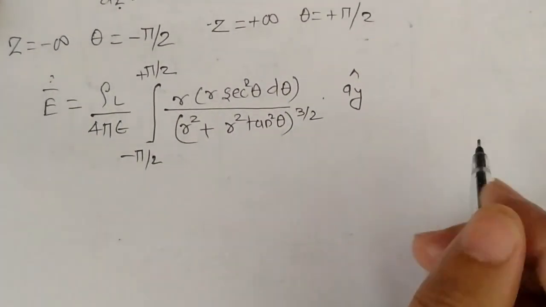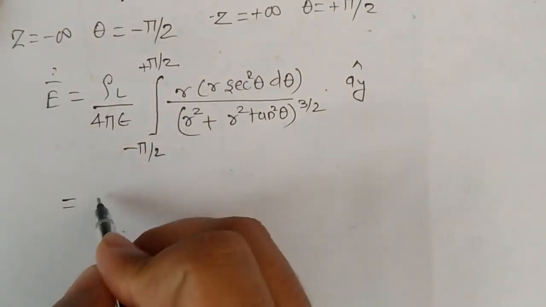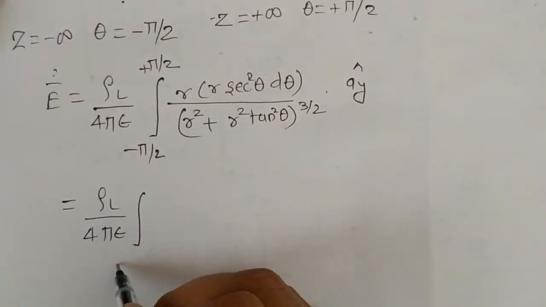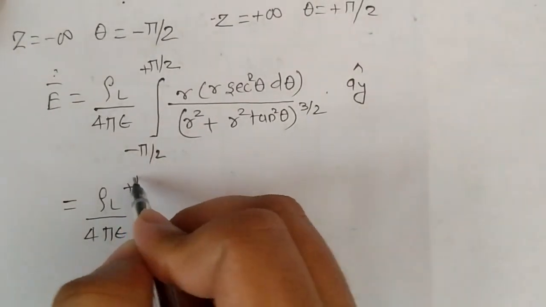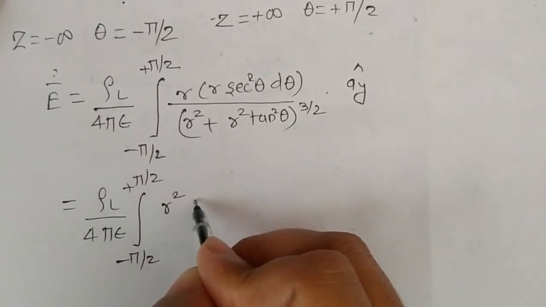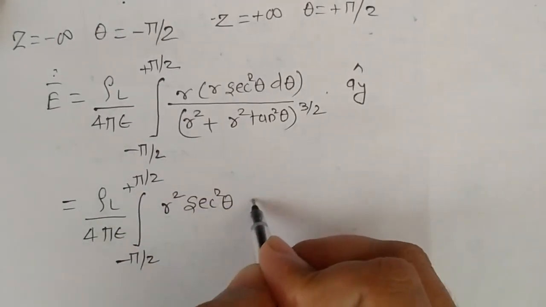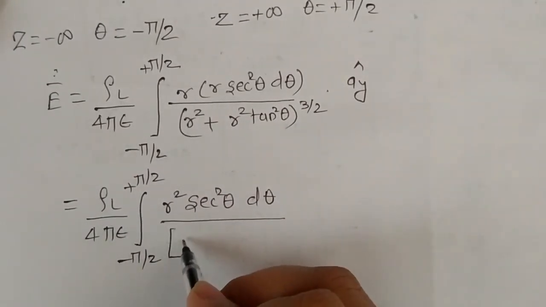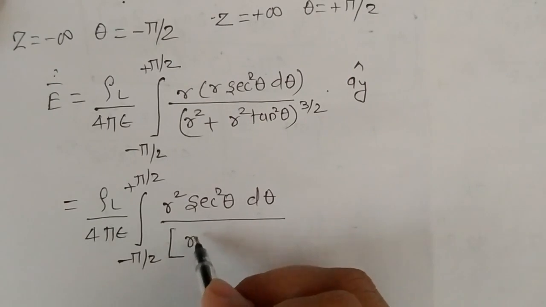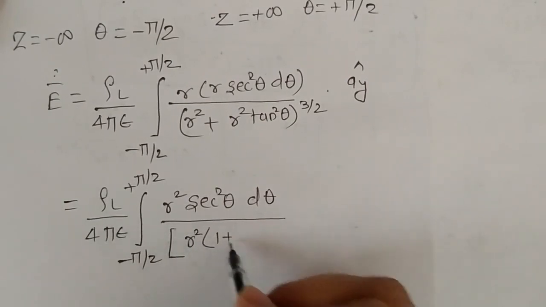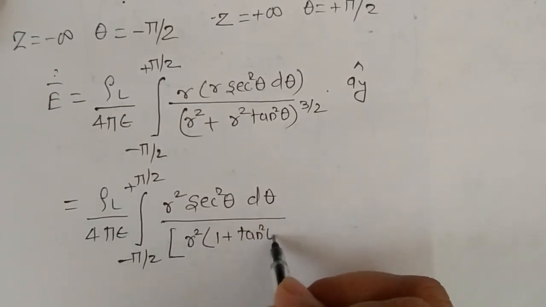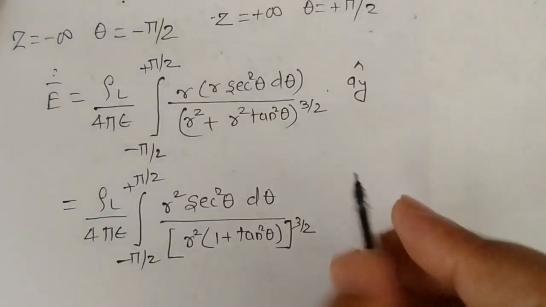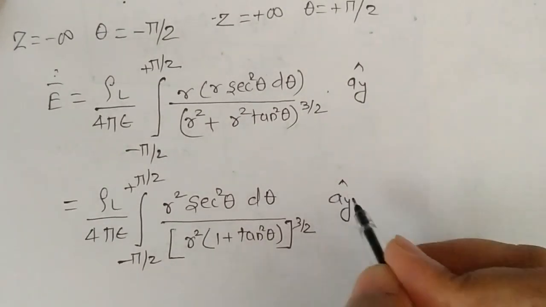Now simplifying this equation, it comes out to be rho L upon 4 pi epsilon, integral from minus pi by 2 to plus pi by 2 of r square sec square theta d theta. Again from below I am taking r square as common, so 1 plus tan square theta, whole thing raised to the power of 3 by 2, into a cap.